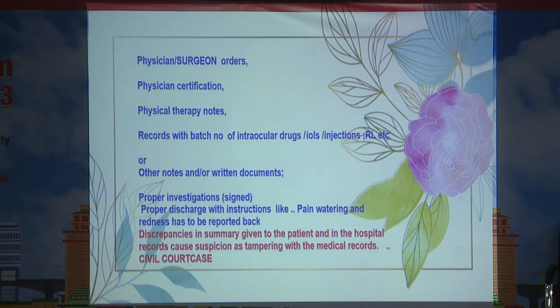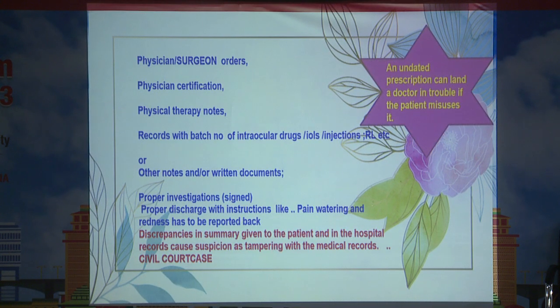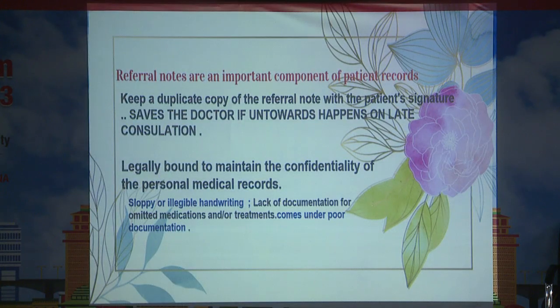A discrepancy in the summary given to the patient and the hospital record always causes suspicion, and in the court of law it is treated as tampering with the medical records. An undated prescription, if it is in the hand of the patient and goes into the legal system, can put the doctor into trouble.